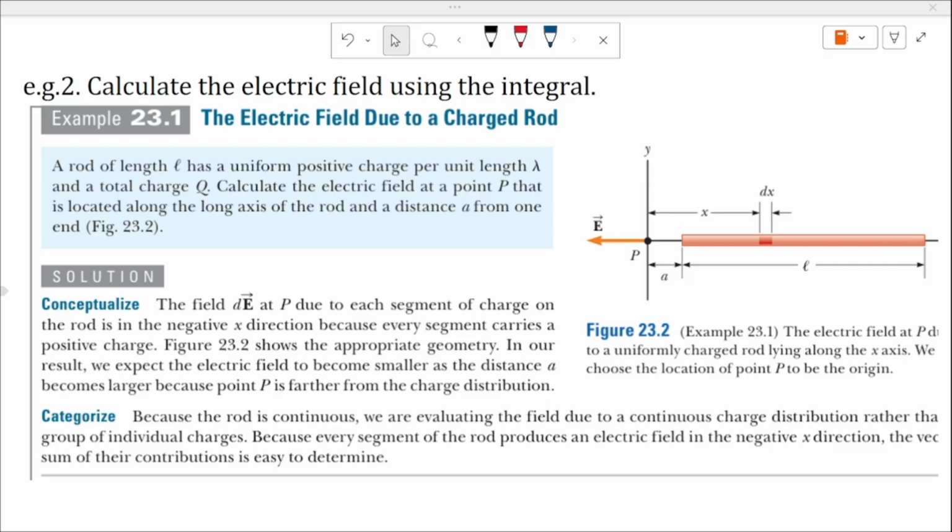Example 2. Calculate the electric field using the integral. Here we have a uniformly charged positive rod of length L. The electric field from each individual segment is going to be directed in the negative x direction because the rod is positive and the electric field points away from positive charges.